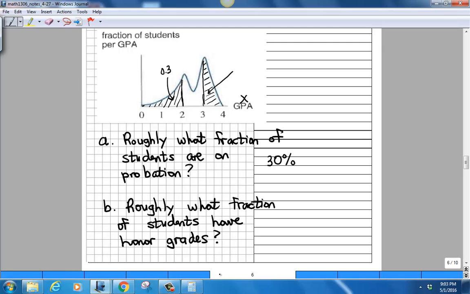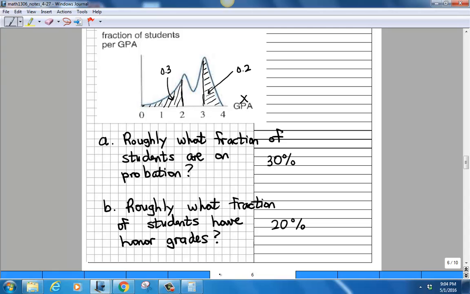Maybe this area is about 0.2. You may think it's a little more or less than that. I'm just having to eyeball it, because all I know is that the total area beneath this density function is 1. So I'm thinking this must be about a fifth of 1, or about 0.2. So as my estimate, about 20% of students at Faber College have honor grades.